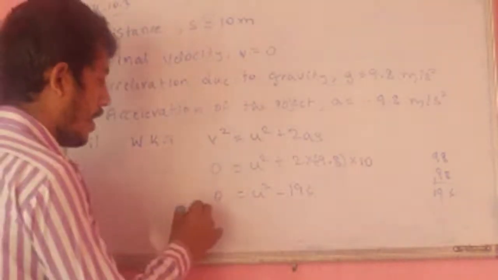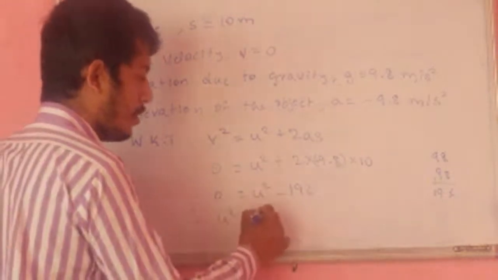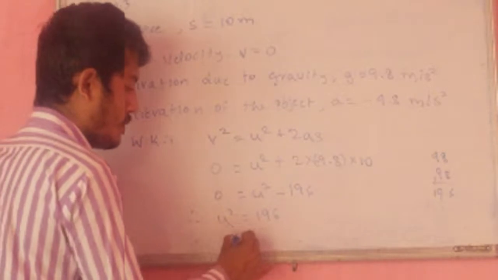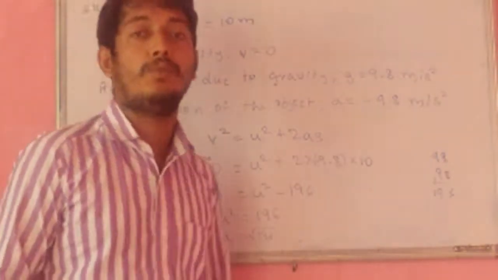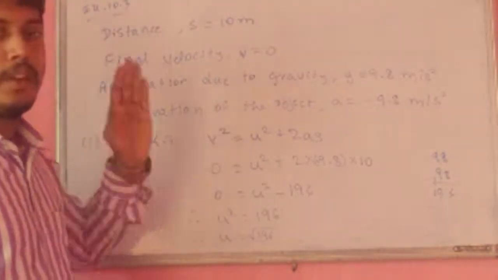So therefore u square equals, 196 goes to the other side, becomes plus 196. Now therefore u equals square root of 196. Now comment to me, what is the value of square root of 196? You comment me the answer.